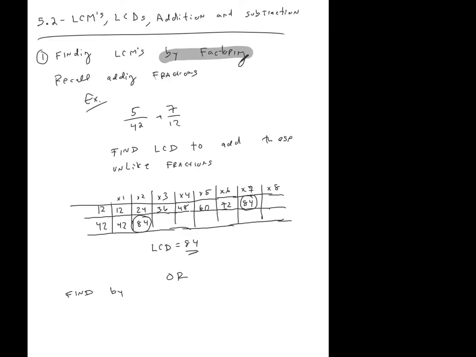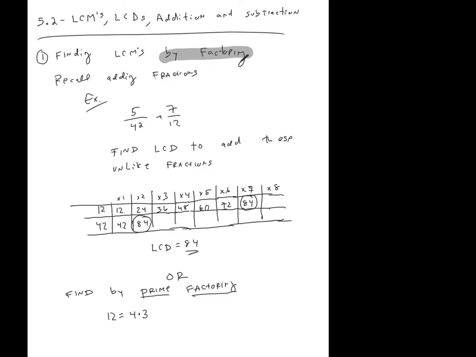Right, and when we're just dealing with numbers, we call it prime factoring. All right, you look at your 12 and you break that up. Well, what times what gives us 12? One possibility is 4 times 3.